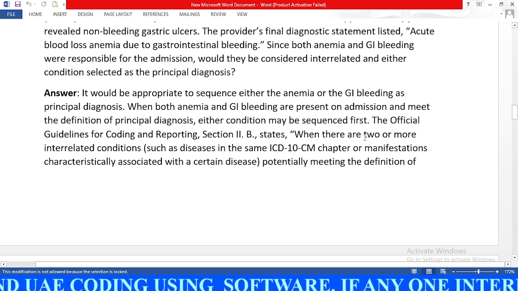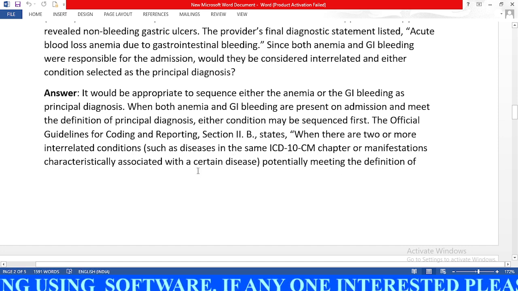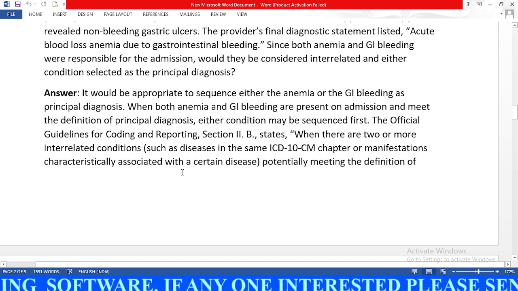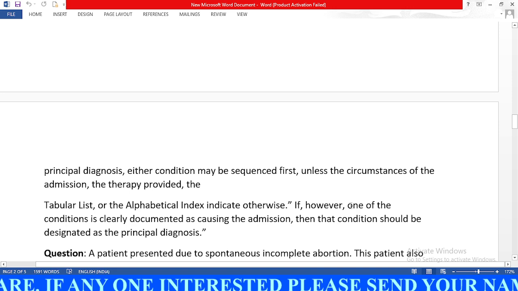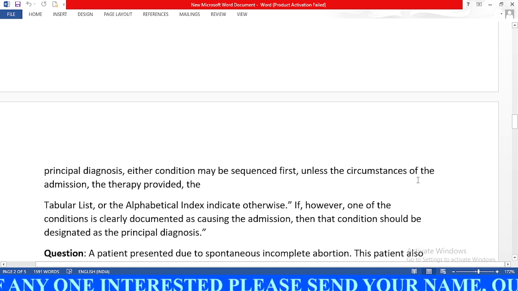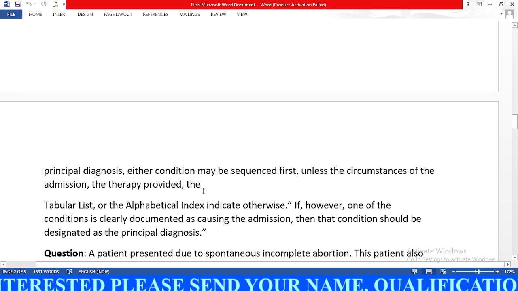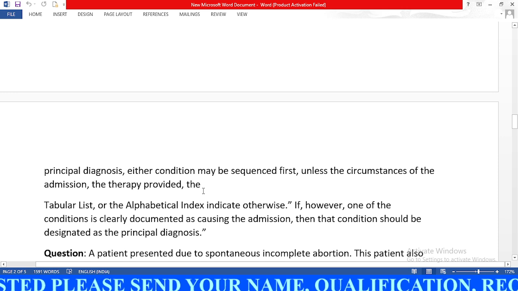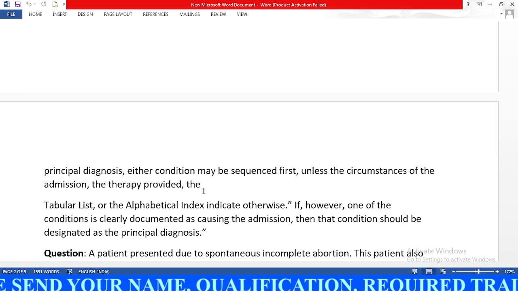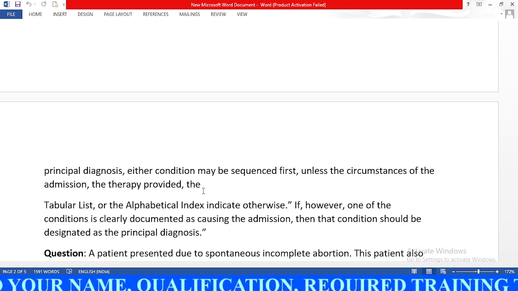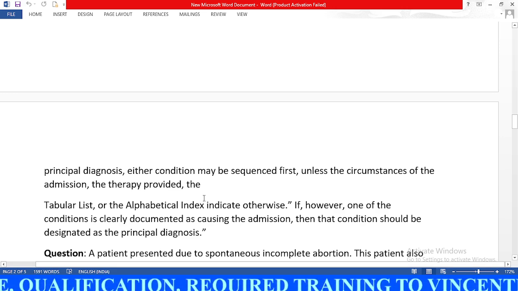If we see here, when there are two or more interrelated conditions, such as disease in the ICD-10-CM chapter or manifestation characteristically associated with certain disease, potentially meeting the definition of principal diagnosis, either condition may be sequenced first unless the circumstances of the admission or the therapy provided indicate otherwise. So here blood transfusion is the medical necessity for anemia as well as GI bleeding. So if you think technically also, we can code any one as the PDX, either anemia or gastrointestinal bleed, as the patient has the blood transfusion.